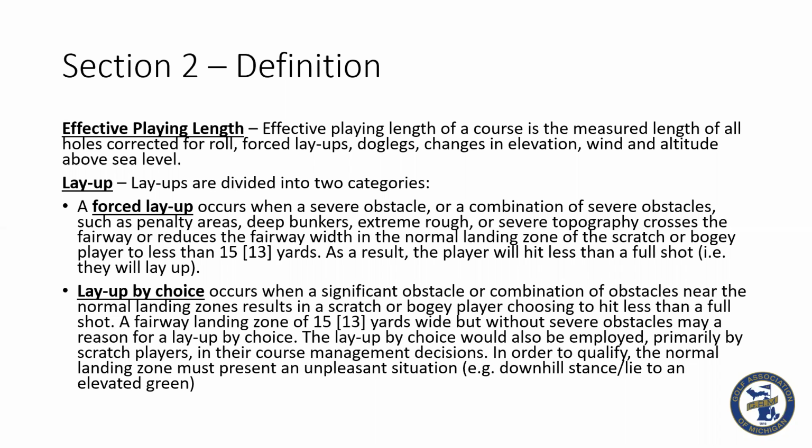As a result, the player will hit less than a full shot. So again, the key word there is forced. So even though you might hit to an area that has a fairway width of 12, by the definition, you have to lay up.